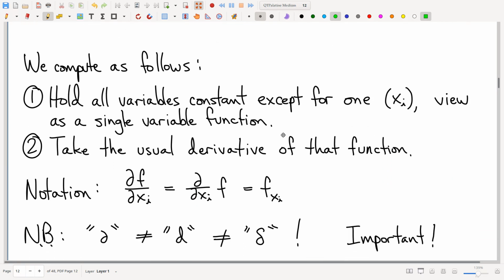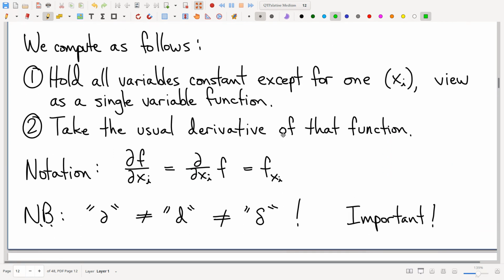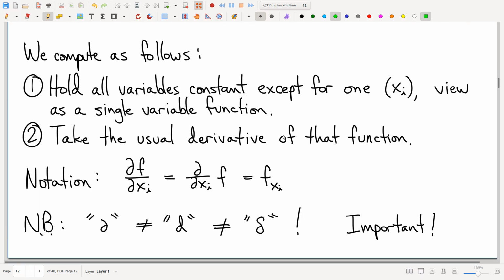Here's what we're going to do. Got this function that has a bunch of different variables I don't know how to deal with. I think back pleasantly to the convenience of the old days when I only had one variable to deal with, right? Now I got all these different variables. Wouldn't it be nice if there was just one variable?